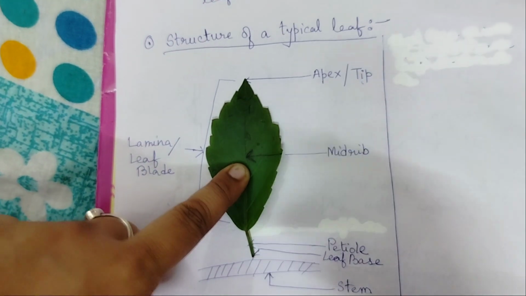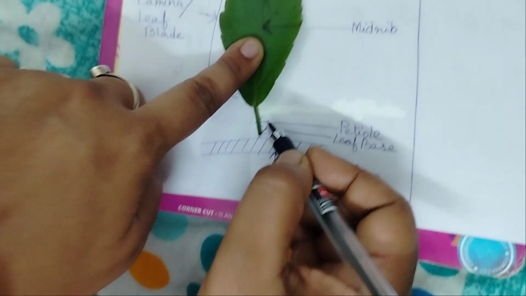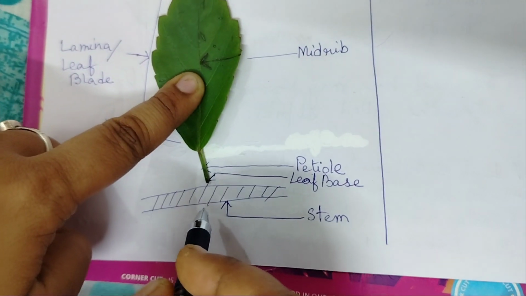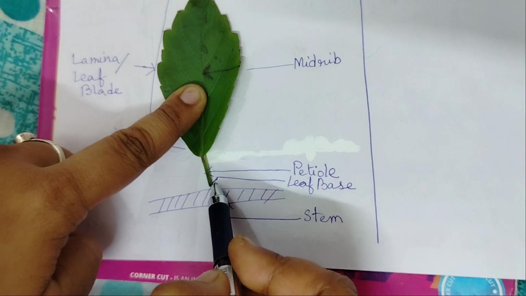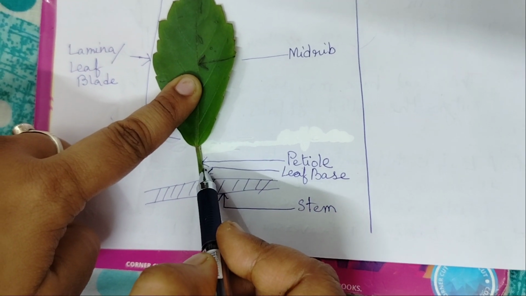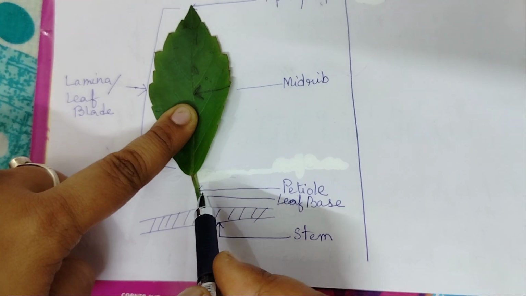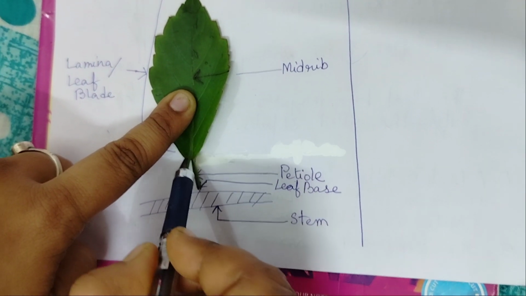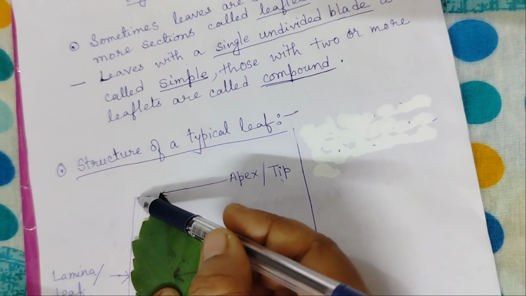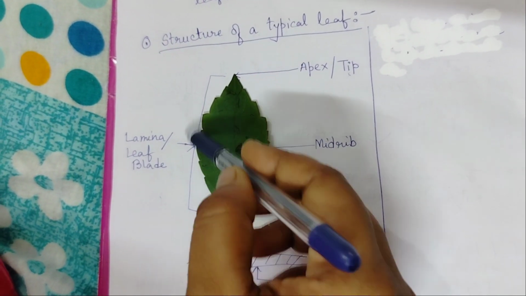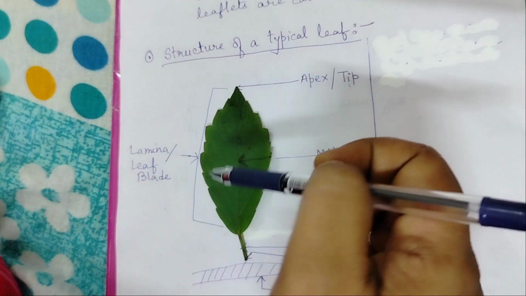So next, know about petiole. What is petiole? Petiole, it is the cylindrical rod-like structure supporting the lamina at its base. So this overall portion is known as lamina or leaf blade.